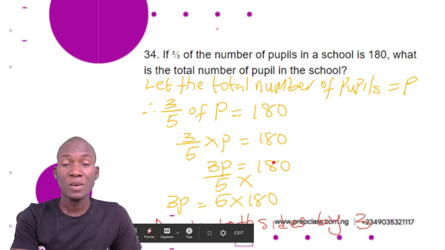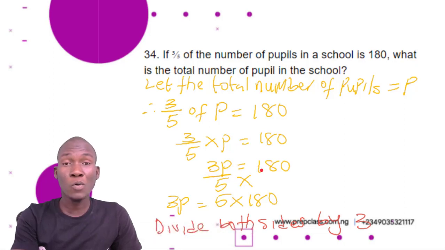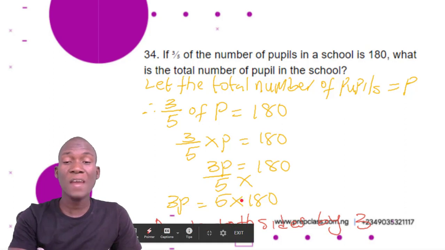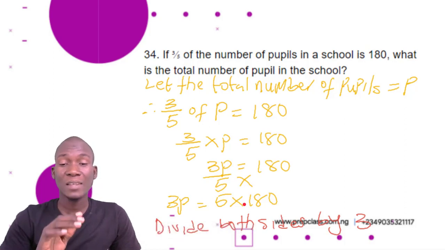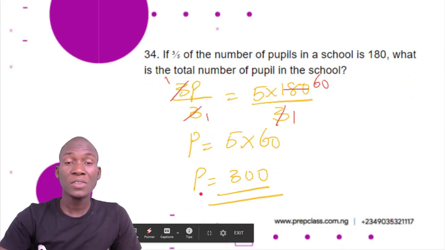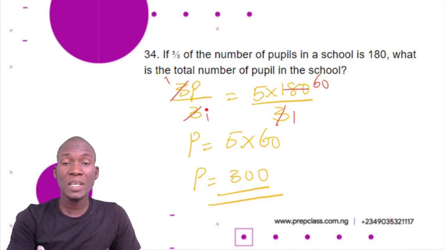Now what do we do here? We have to cross multiply. And when we cross multiply, we have 3P equals 5 multiplied by 180. Now the next thing is to divide both sides by the coefficient of P, which is 3. When we divide both sides by 3, we have 3P over 3 equals 5 times 180 divided by 3. 3 here is 1, 3 here is 1, so P is left alone, which equals 5 multiplied by 3 in 180, that is 60.